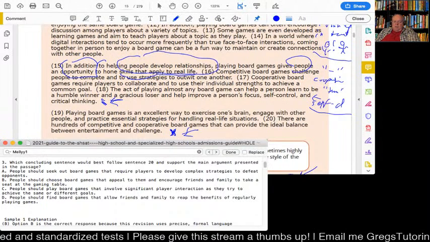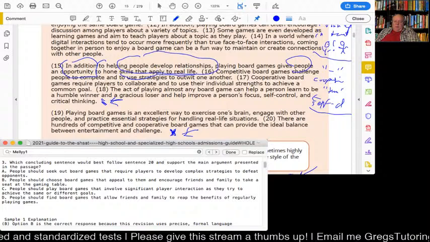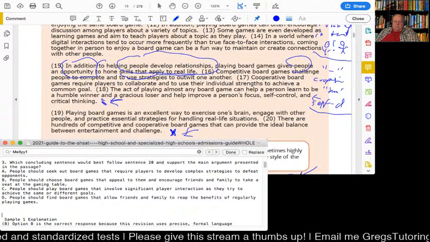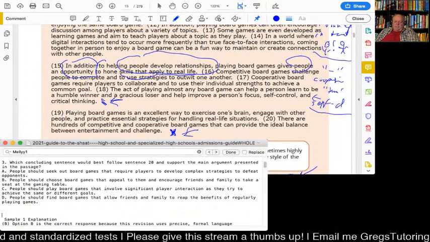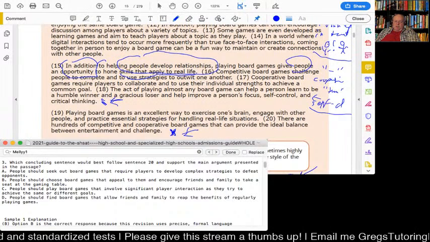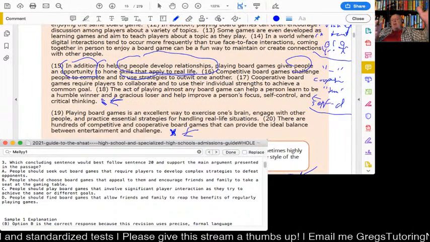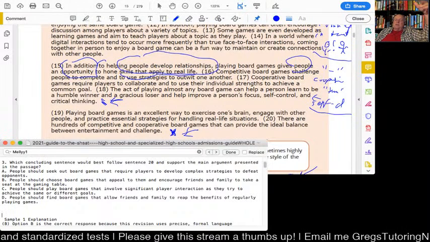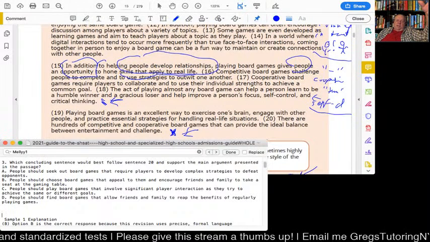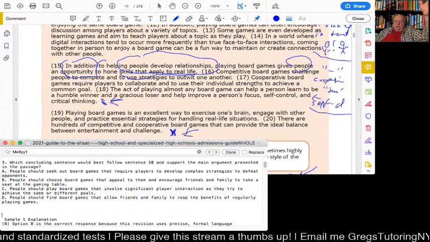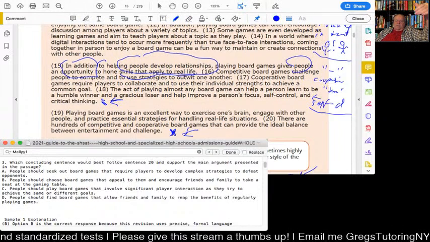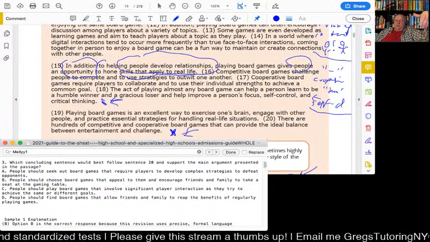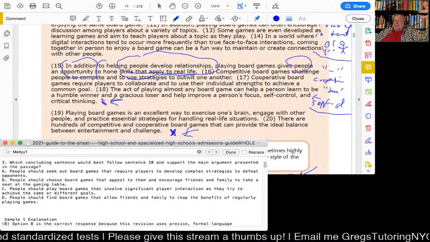C, people should play board games that involve significant player interaction as they try to achieve the same or different goals. Okay, so the first half of that's definitely what this passage is about. It's about interacting, cooperating, being teams, working together with strategies and so on to achieve the same or different goals. It doesn't really go there.